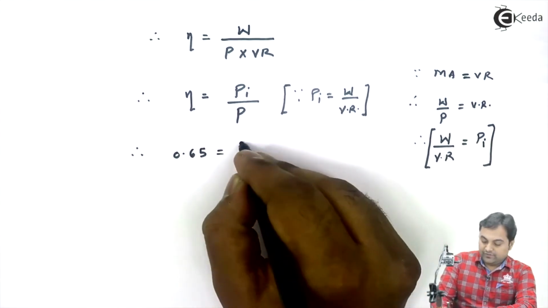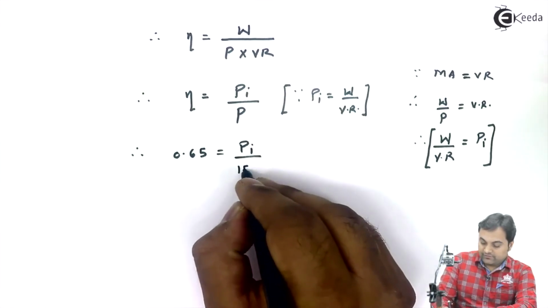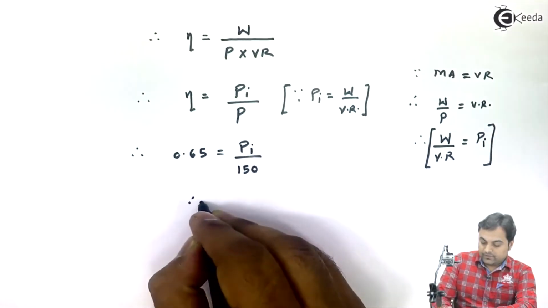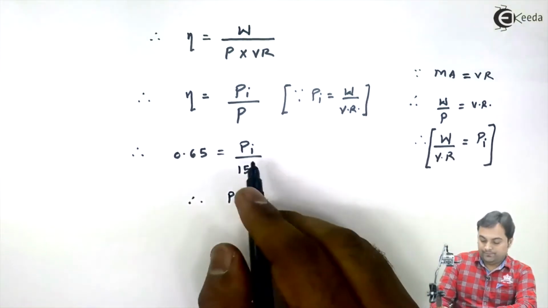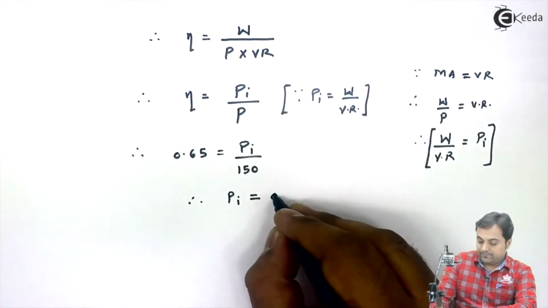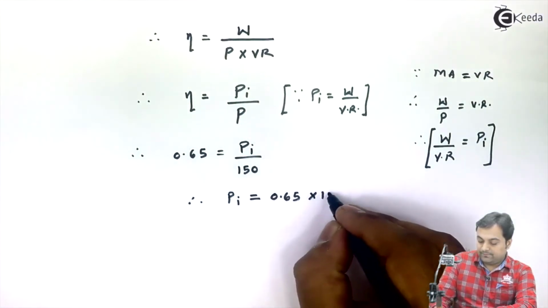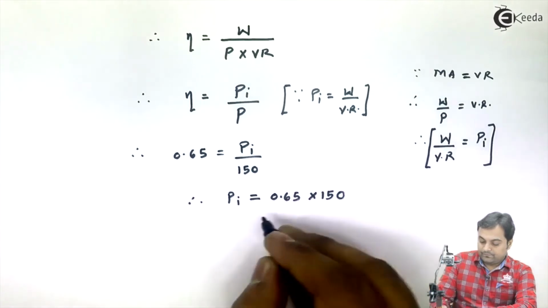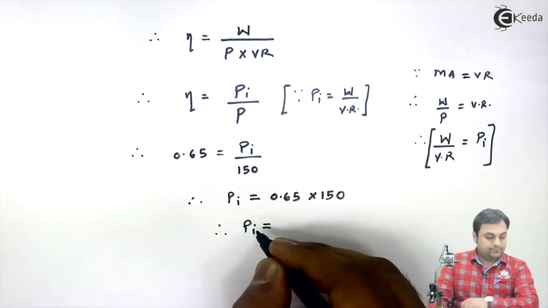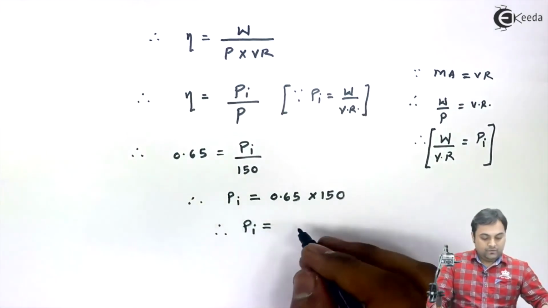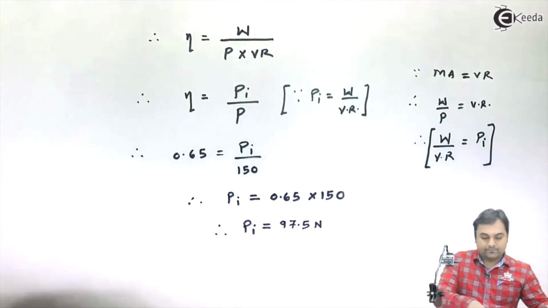Ideal effort is what we have to calculate. Actual effort value is 150. So therefore ideal effort will be equal to 0.65 multiplied by 150. Finally my answer comes out to be 97.5 Newton.